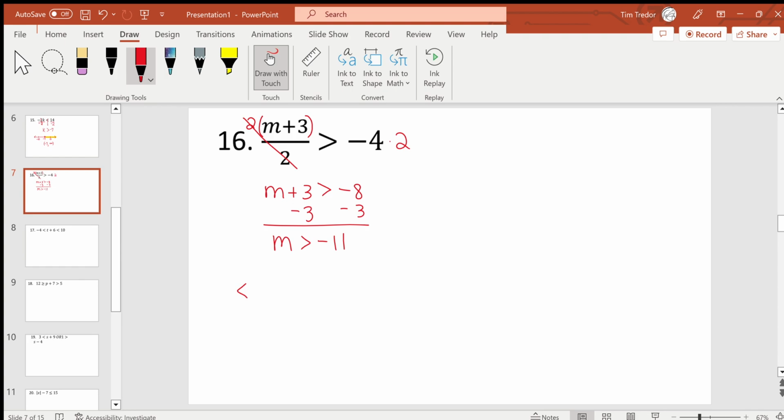For a number line, I want my negative 11 in the middle. Maybe negative 20 off to the left, to the right, 0. And I want to shade everything greater than negative 11.